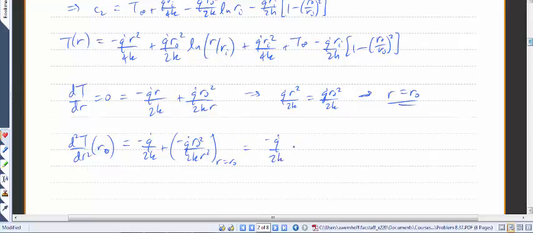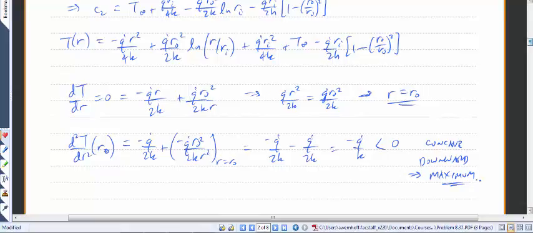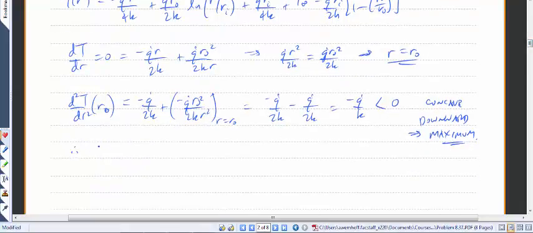That's minus q dot over 2k minus q dot over 2k. So we get minus q dot over k, which we know is less than 0. This is concave downward, which means that this is a maximum point. So therefore, we can say that the maximum temperature occurs at r equals Ro.